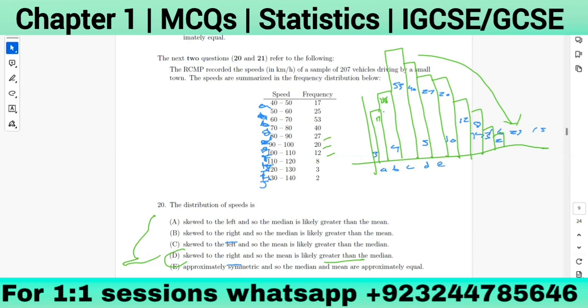The options are A, B, C, D, E. Just take the total of the frequency and we will find the median easily. What is the total of the frequency?